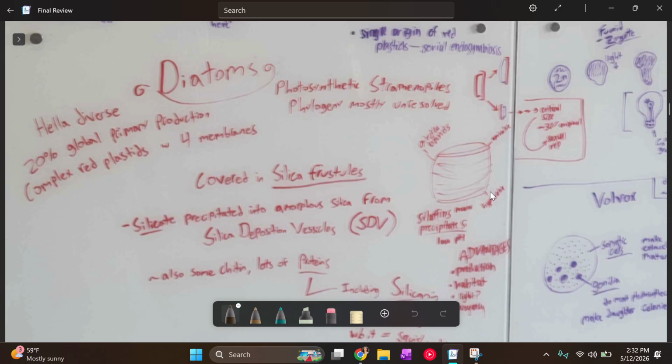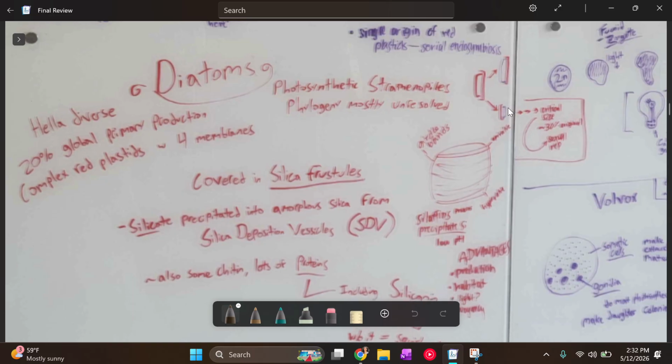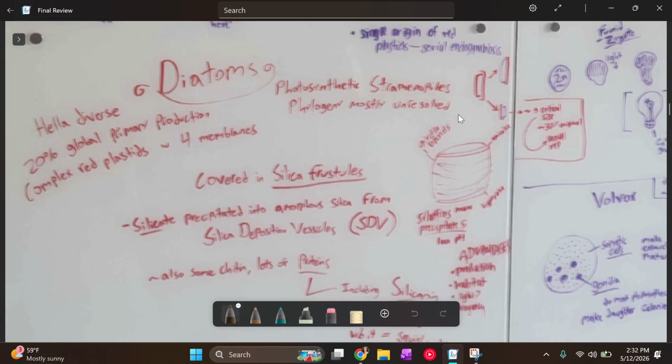When they divide, both valves are freed, and then a new valve is formed, but the new valve will always be the smaller of the two, as demonstrated here, with the purple being the new valve. At some point, they become too small. There's a threshold reached around 30% reduction, I think, of the original size.